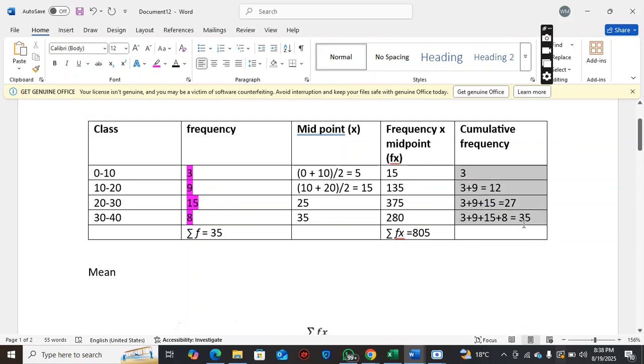That's how we're getting them. But as I said, in the exam, even here for the midpoint, you don't need to show this like that. You just put the values.